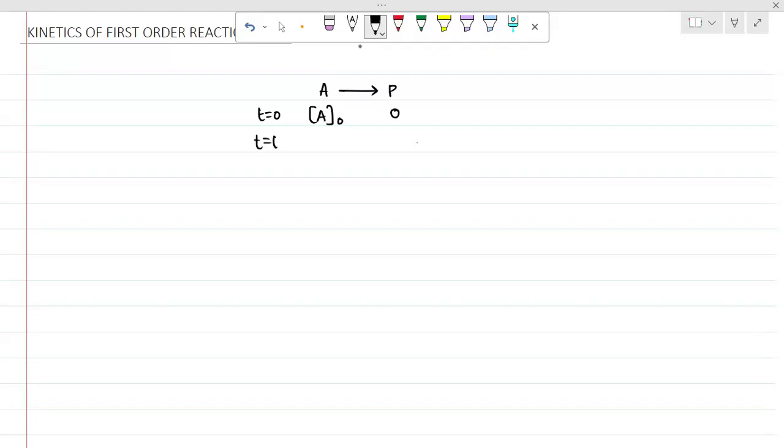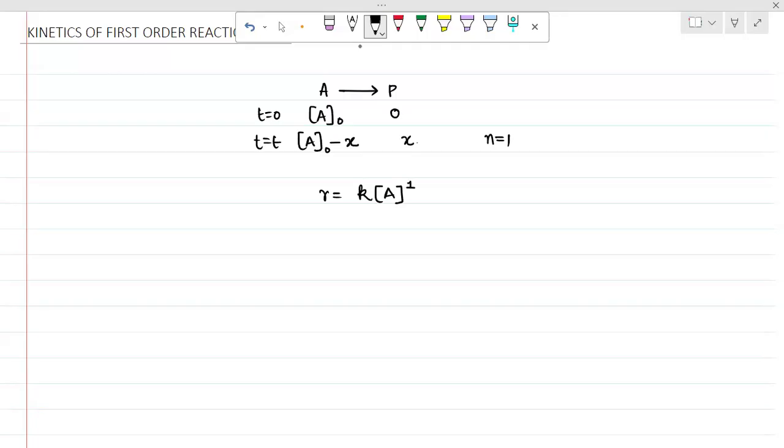And at some time T, X amount is reacted or consumed, and it appears as the product, X. Being the first order reaction, n is equal to 1, our expression would be rate is equal to rate constant into concentration of A to the power 1. This is the experimental rate.